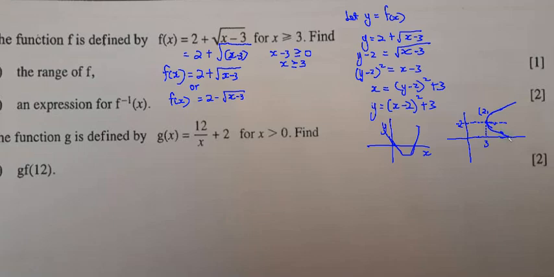Will it cross? Can y possibly become 0? Now you look at this equation again. Can y become 0? Yes. Y is 0. You still can find an x value when y goes to 0. So that means the curve actually passes through this point here. You go up this way.